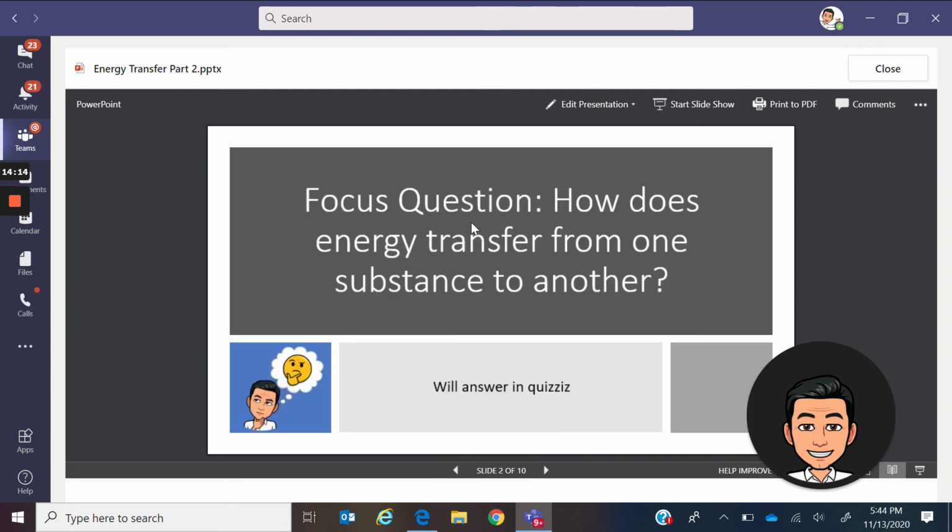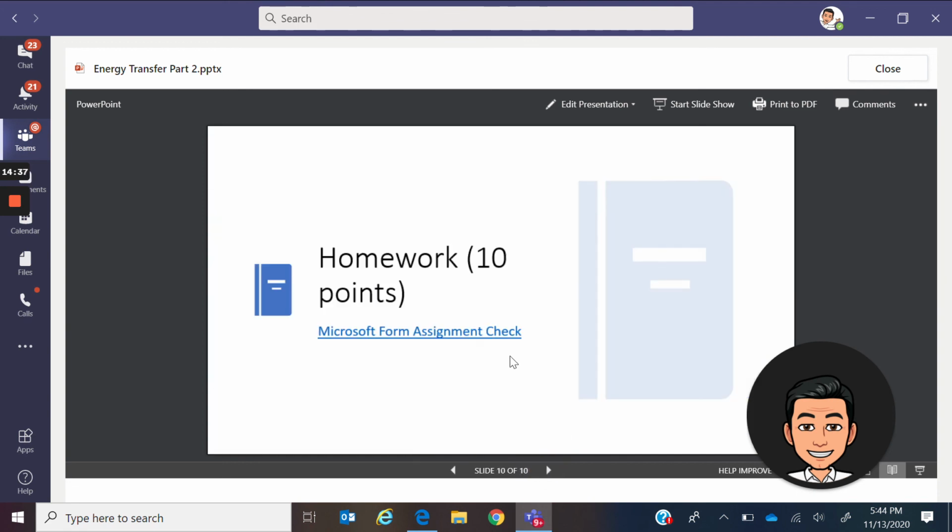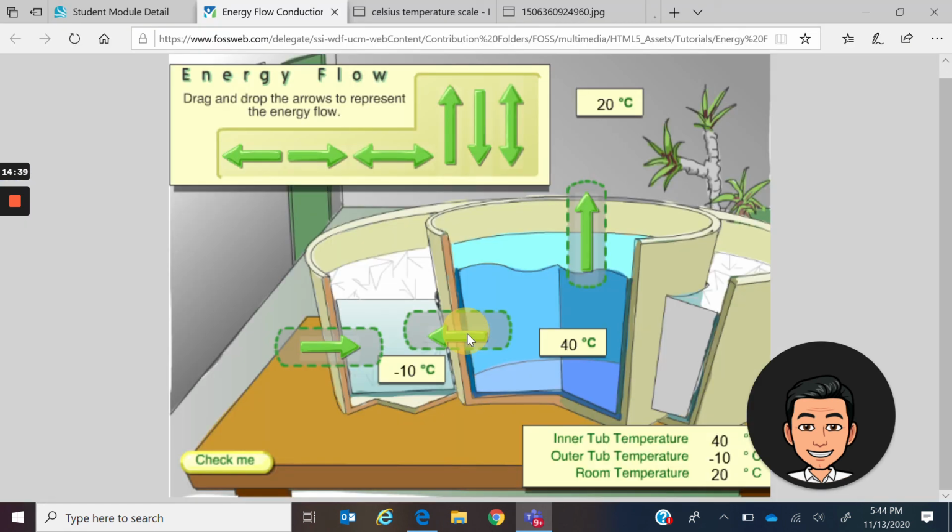And the 5th question is this right here. How does energy transfer from one substance to another? So make sure you figure out these answers before you look them up, you listen back to this lecture a little bit, and try to find those out so that when you take the quiz, you only have to take it once.